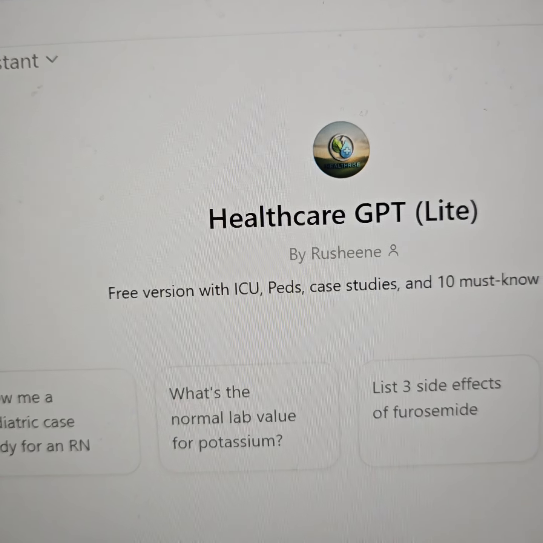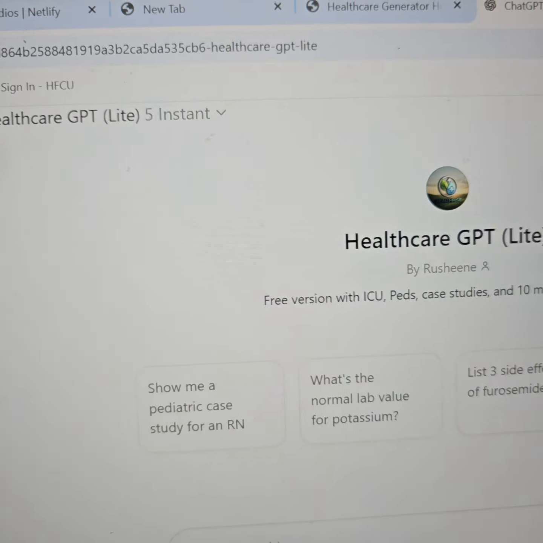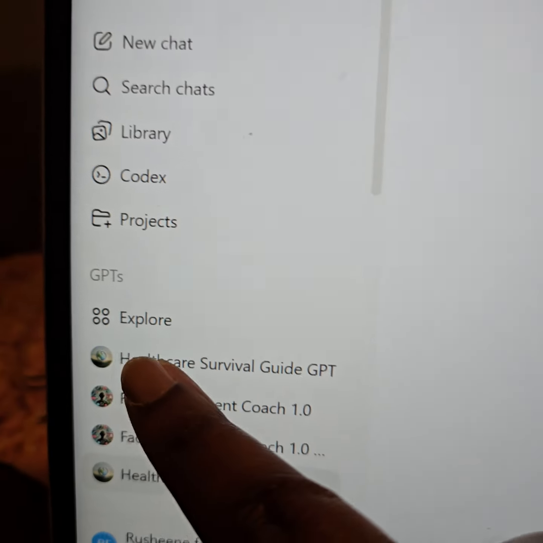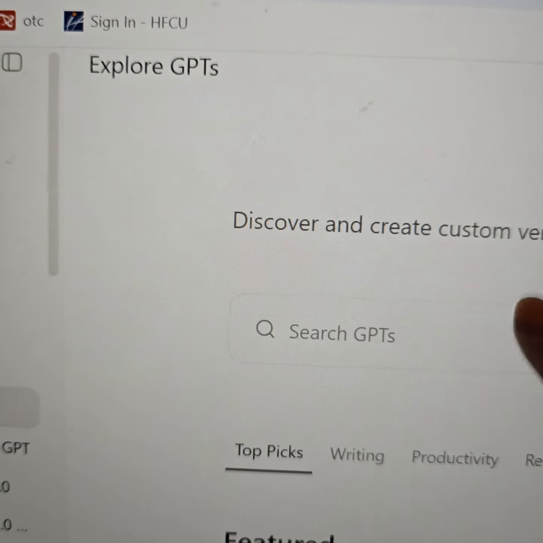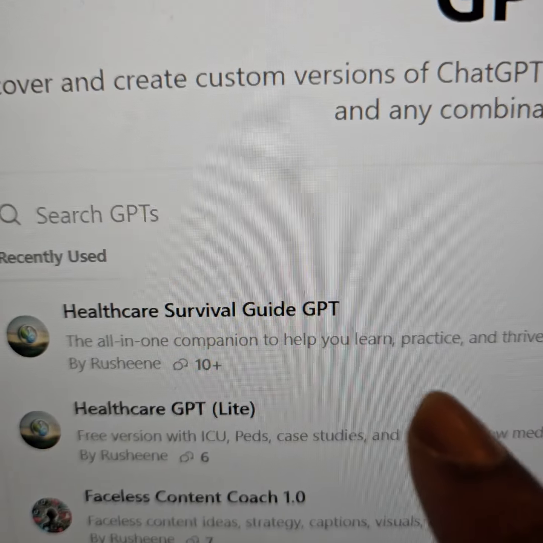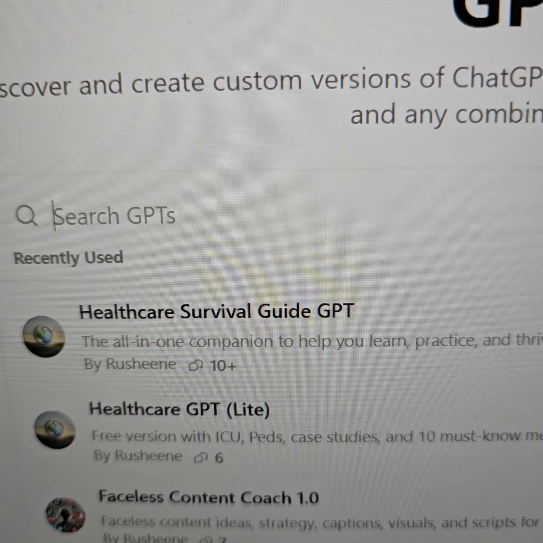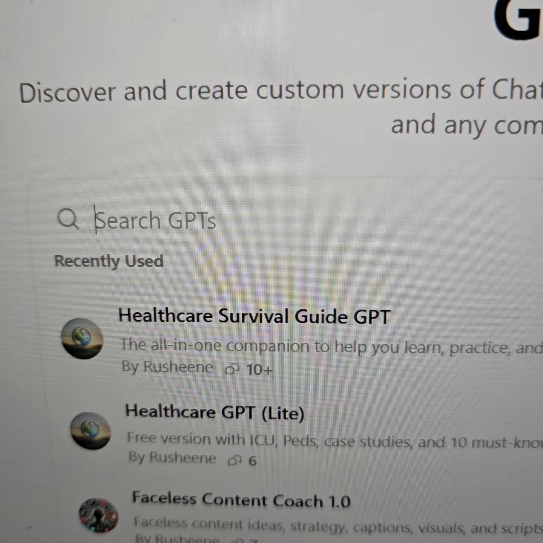And if you have ChatGPT, right, when you just go on your GPT, you're going to go to this tab, you're going to go to Explore, and then you're going to type in Healthcare Survival Guide, right? So once you do that, it's going to come up.